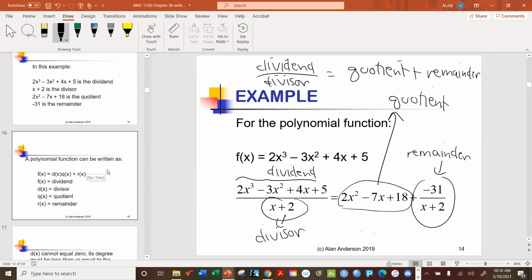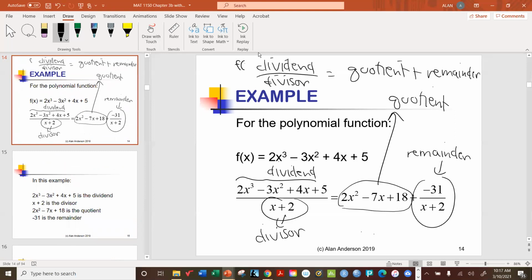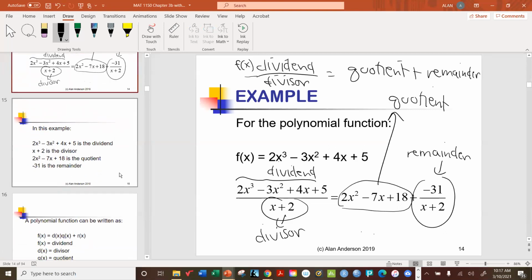Now, in the book, they've decided to associate each of these with a different functional name. The dividend will be from now on known as f of x. The divisor will be known as d of x. The quotient will be known as q of x.